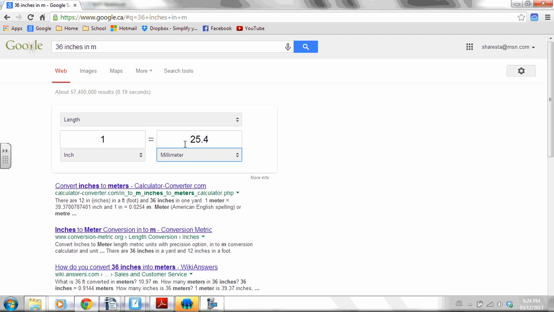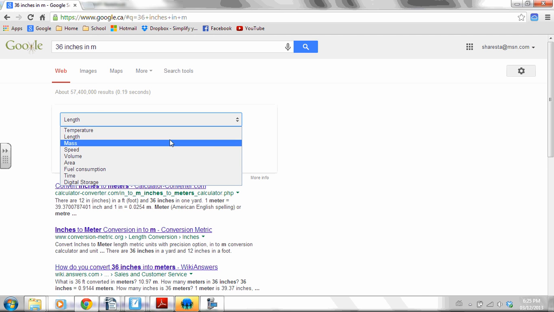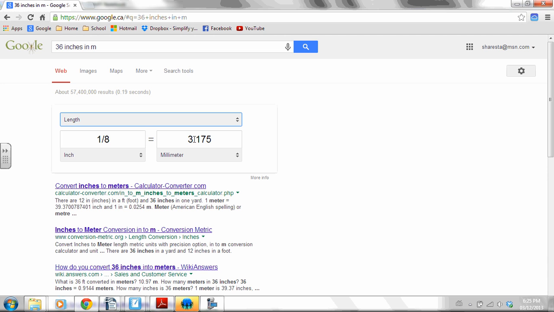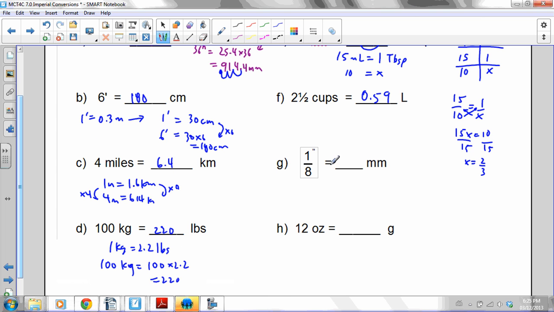I guess I could just get out my calculator and divide those by 8, but look at this. This is pretty slick. And it automatically does it for me. 1/8 of an inch is 3.175 millimeters. Pretty slick. Hopefully we can get the Google to come with us wherever we want to go.